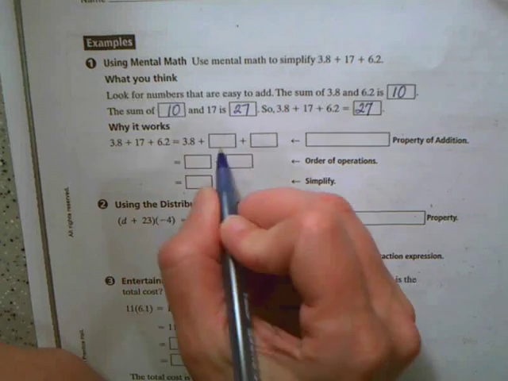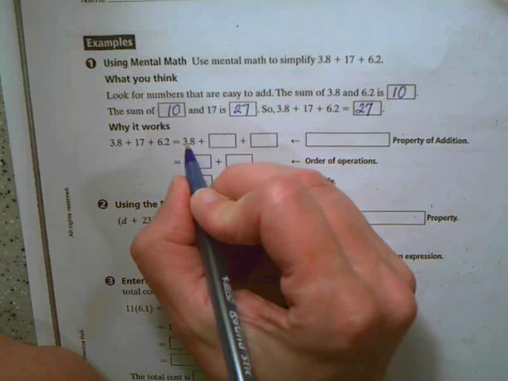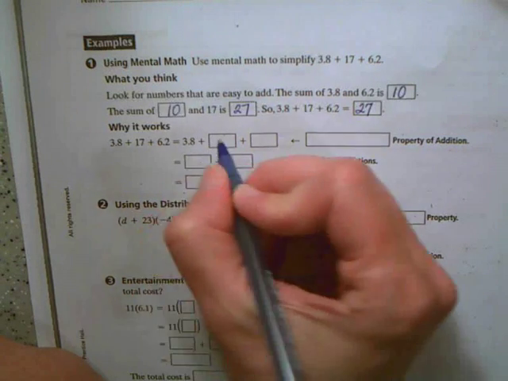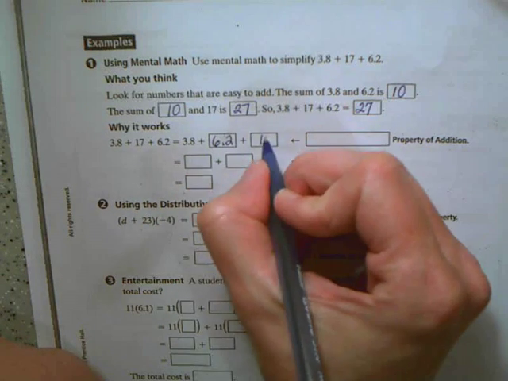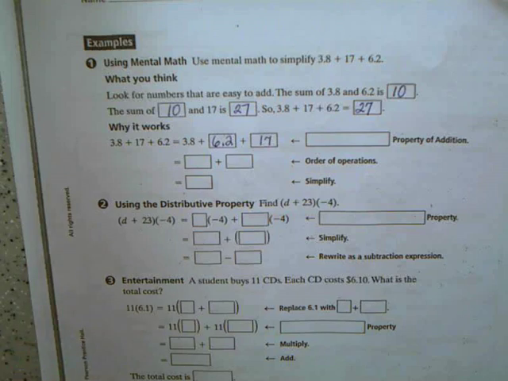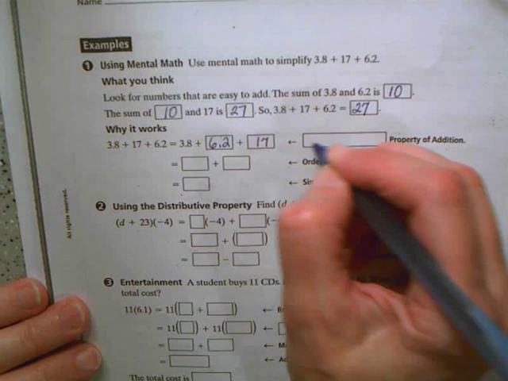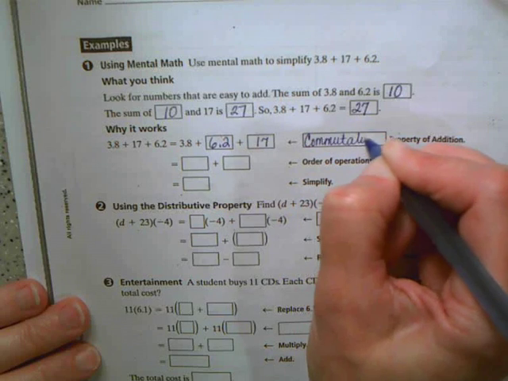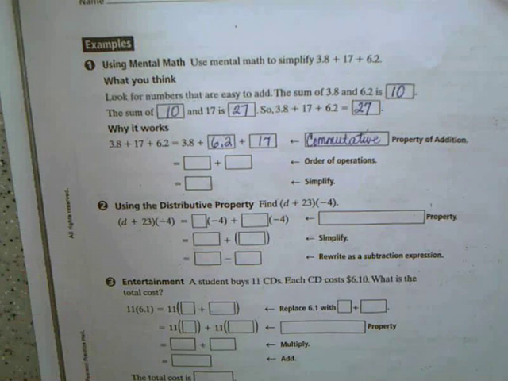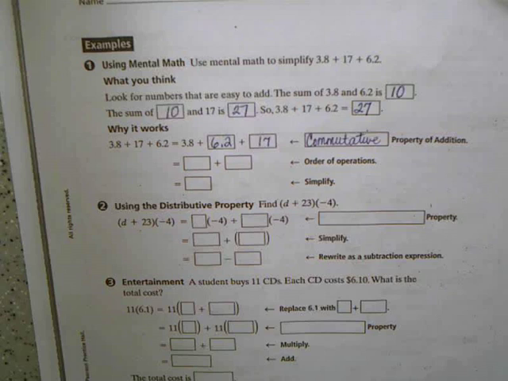Well, the first thing is, if you're thinking about 3.8 plus 6.2, I'm commuting the 6.2 and the 17. They're changing places. So this is an example of the commutative property of addition. Notice there are M's and T's but no N's in there.